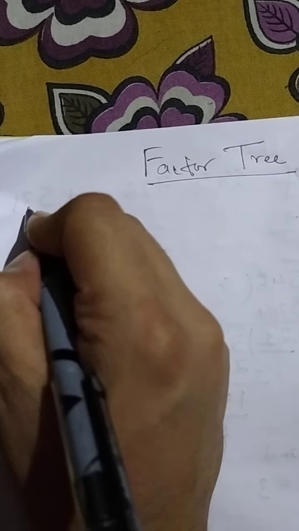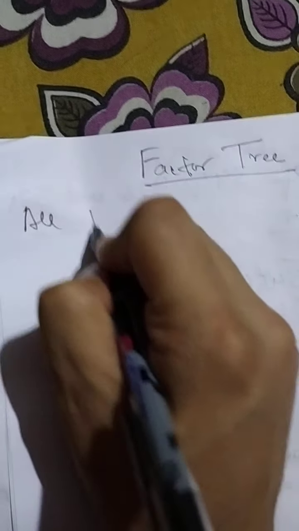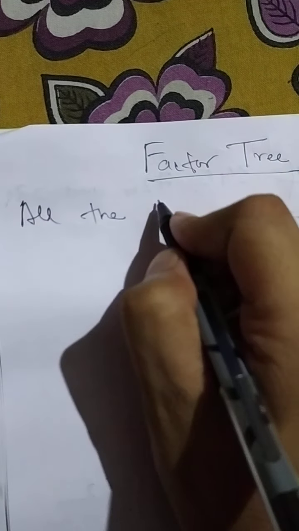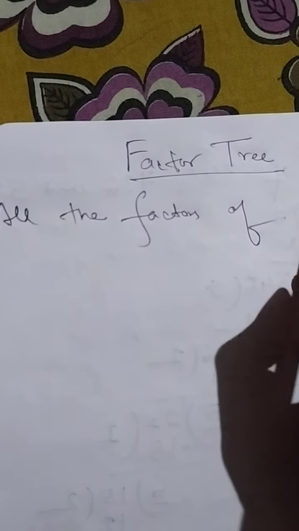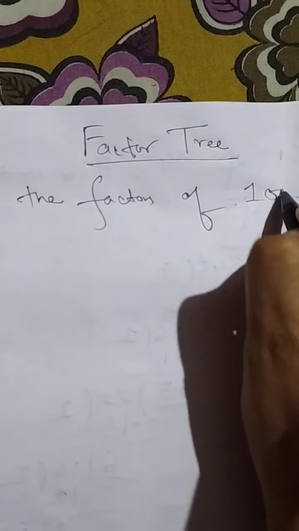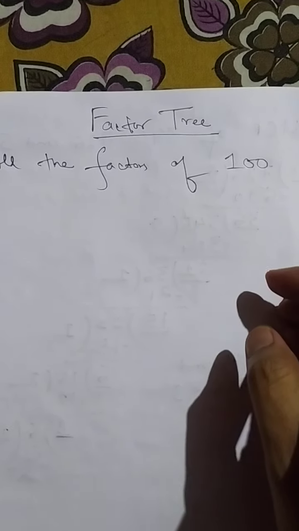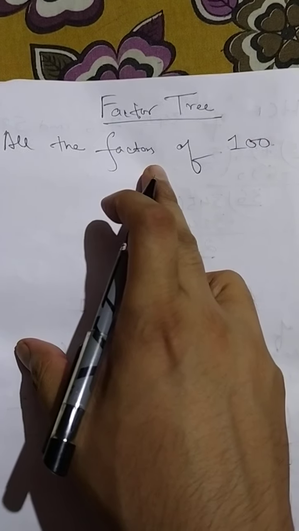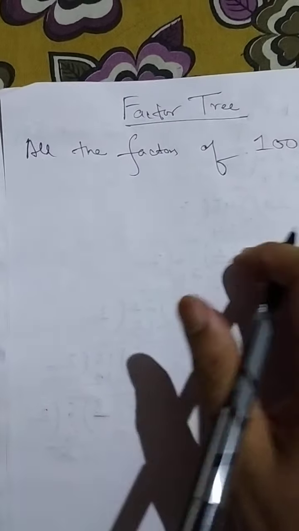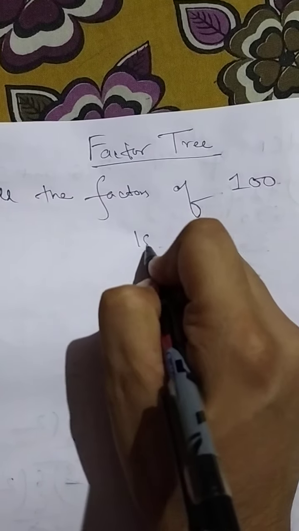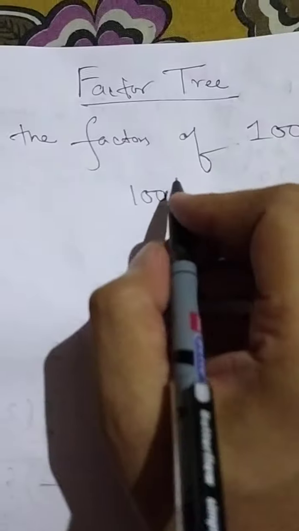Suppose the question is find out all the factors of 100. So this is the question. Find out all the factors of 100 using factor tree method. Now let's start how to do this one. So first write down 100.